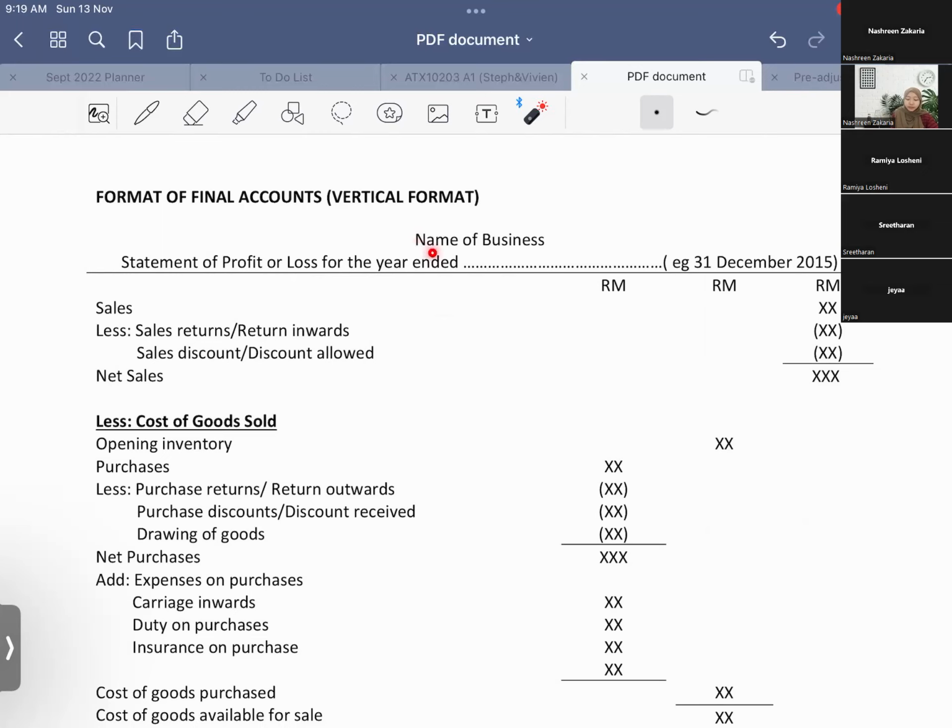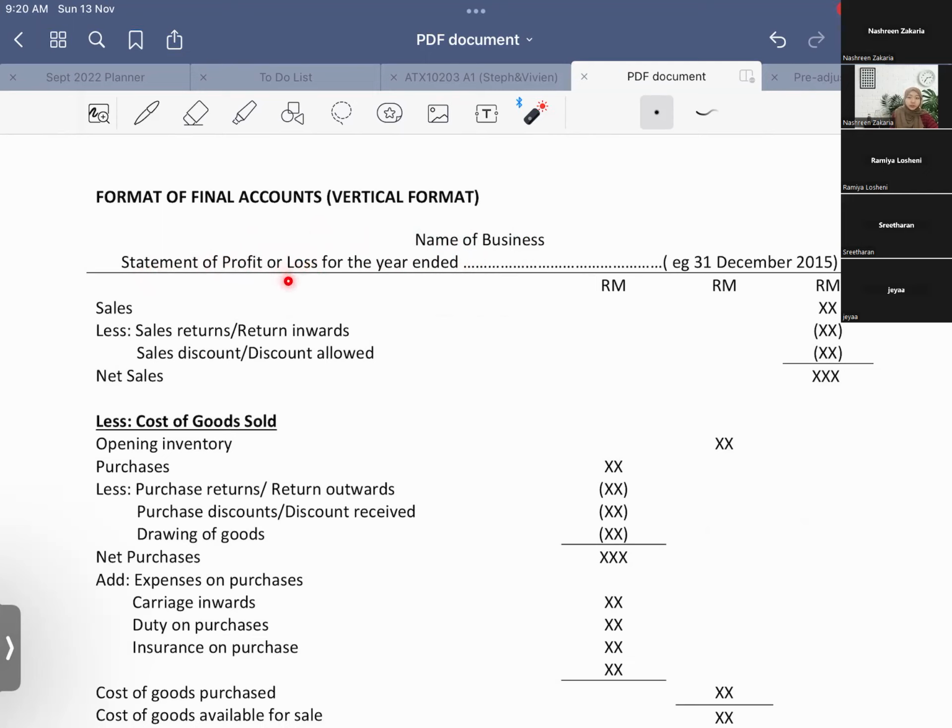If the name of the business is stated here in the format on top of the statement of profit or loss title, then you need to follow. Put the name of the business on top of the title, followed by the title. It's up to you whether you want to use statement of profit or loss, statement of comprehensive income or income statement.